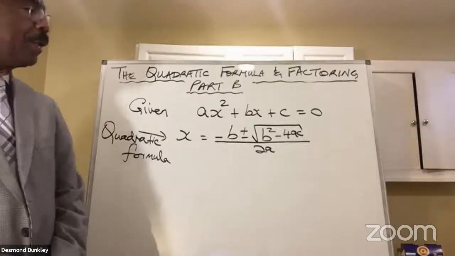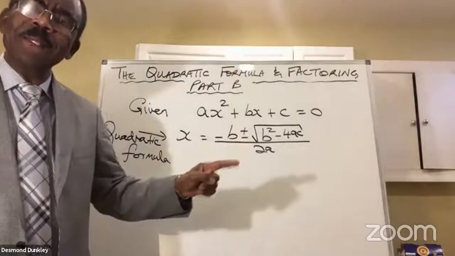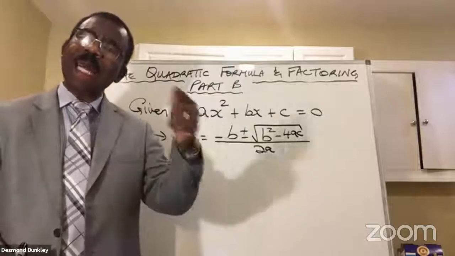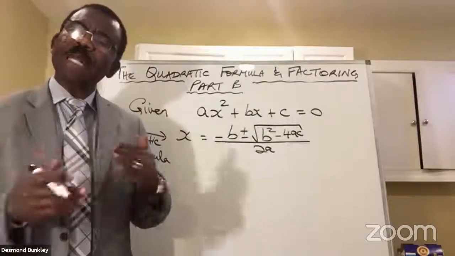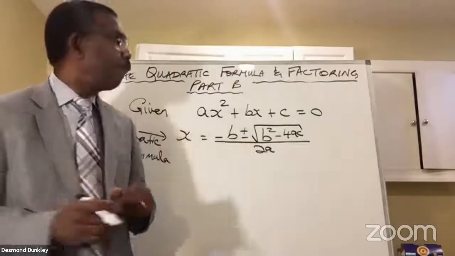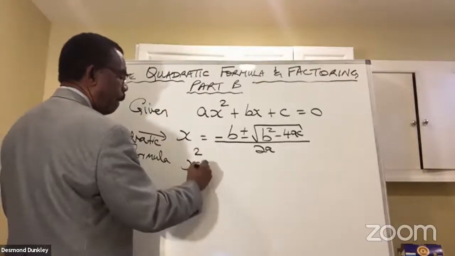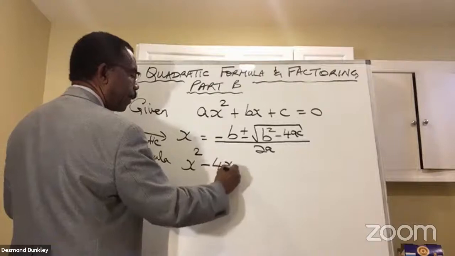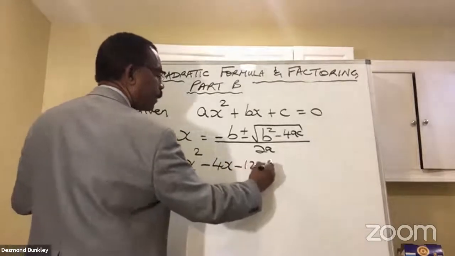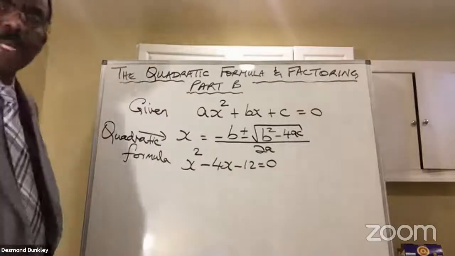So what I'm going to do now is the example that we just did, that gave us the answers 6 and negative 2. Let's try solving that using the quadratic formula. So x squared minus 4x minus 12 equal to 0. That was the equation.